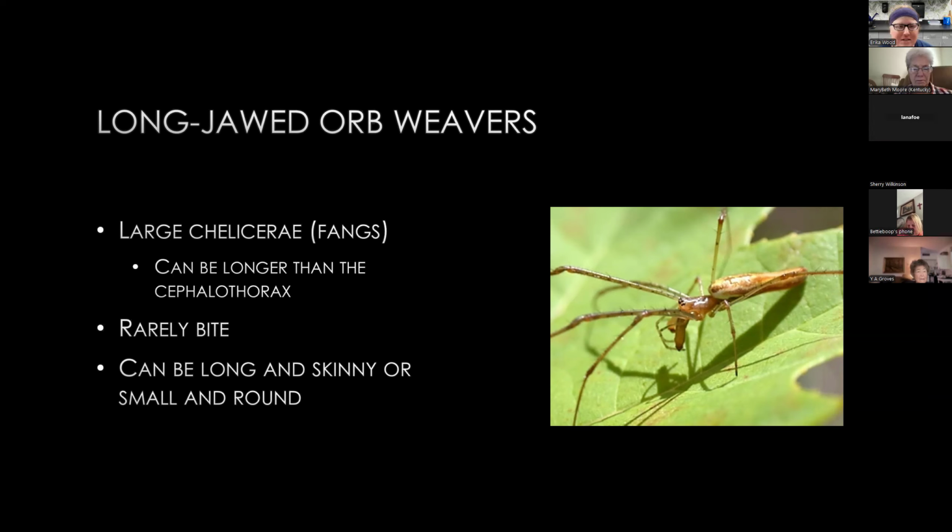So they're pretty cool and substantial, especially if you can see them up close. Even with these fangs, rarely are they ever going to bite. A lot of times they're just wandering, and they have this long and skinny structure, although there are some that are small and round too.